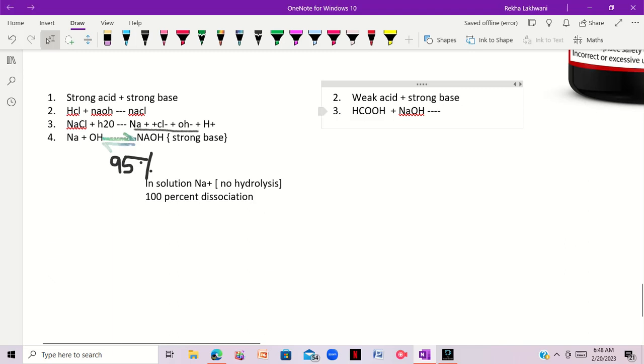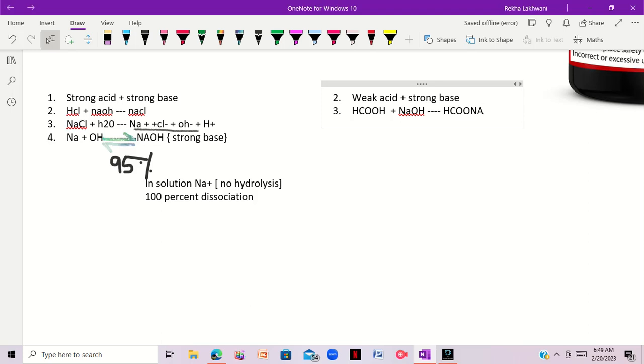Now I guess it will form sodium formate and water will be formed. So there will be a salt known as sodium formate, HCOONa.